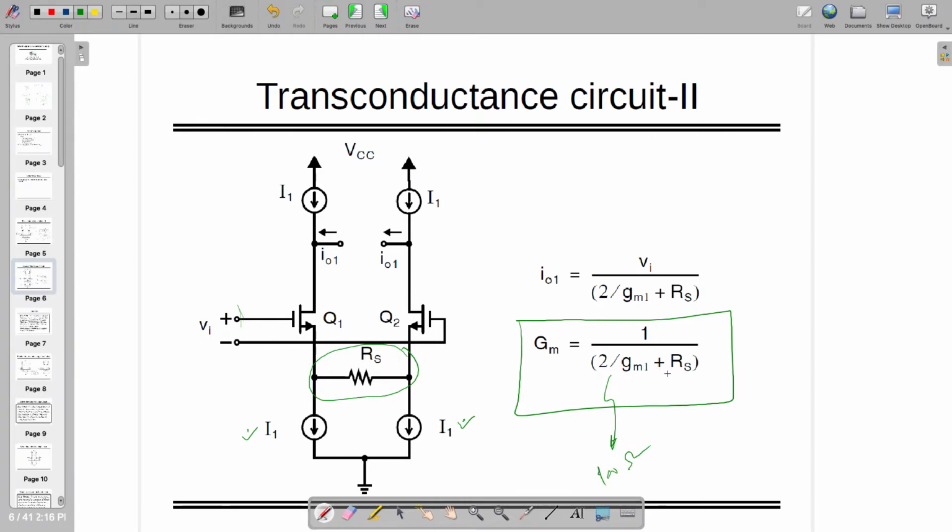Whatever RS you are going to keep here, it will not be 100 or 200. You are going to keep something like kilo ohms, maybe 2 kilo ohm, 1 mega ohm. So then the factor which is controlling the whole linearity is not this one. It's only RS, or approximately equal to RS, right?